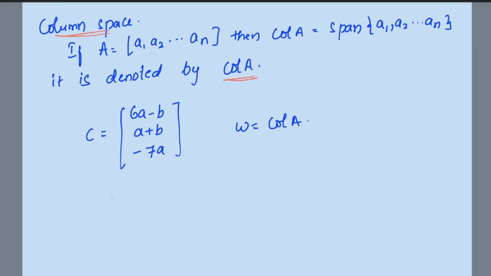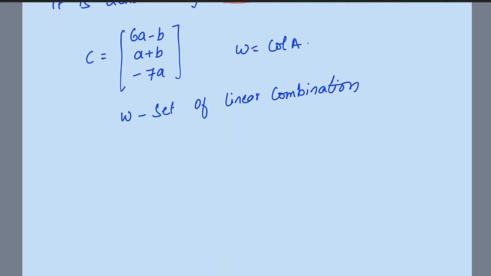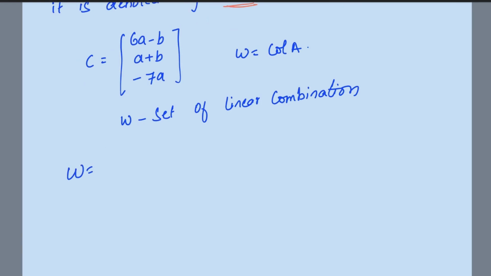W can be written as a set of linear combinations, right? Now W equals, how can we write it, I will take it separately: 6a minus b, a plus b, and minus 7a.